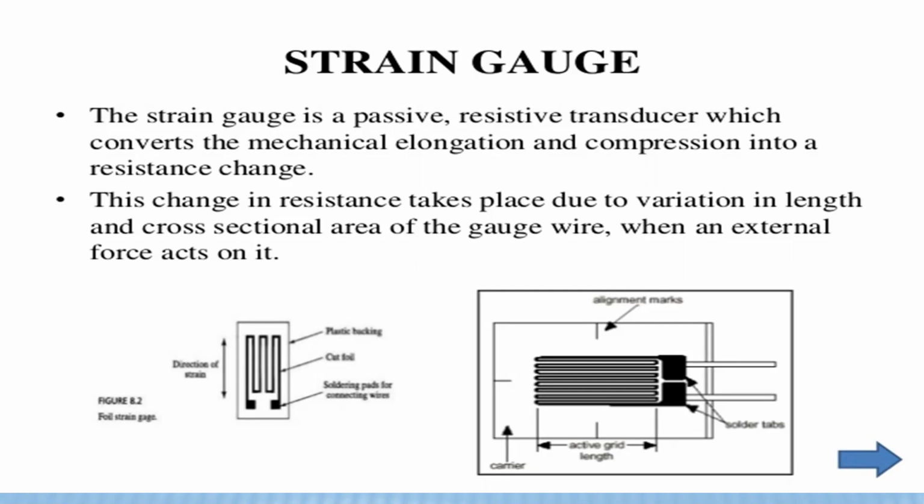The elongation occurs and forces act on the strain gauge, so the mechanical energy is converted into electrical resistance of the strain gauge. By using that electrical resistance, we can calculate the strain of that particular area.